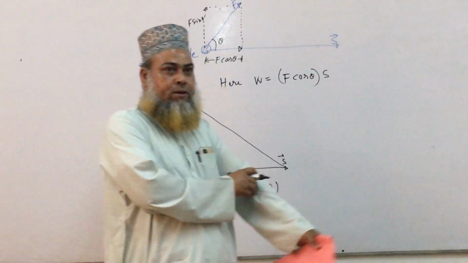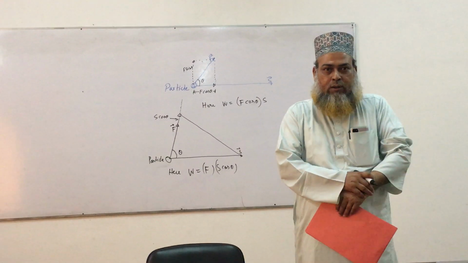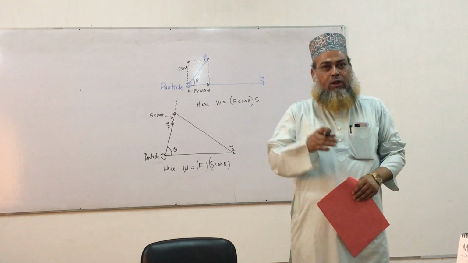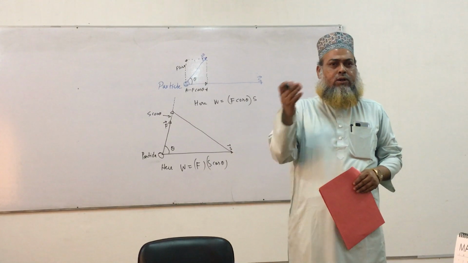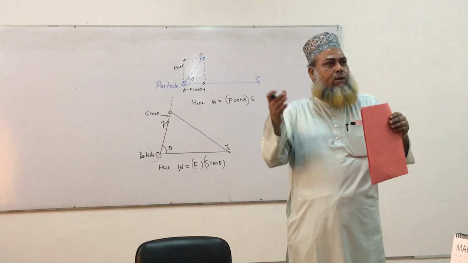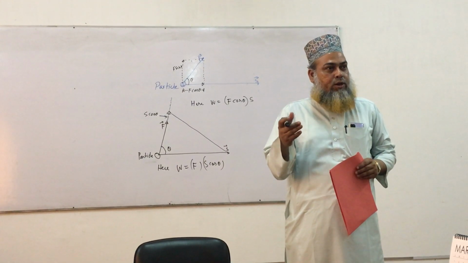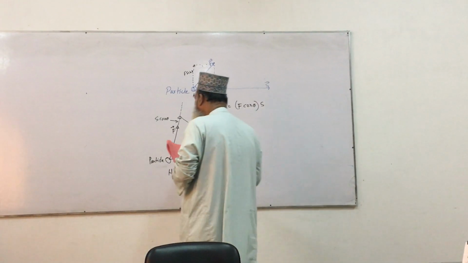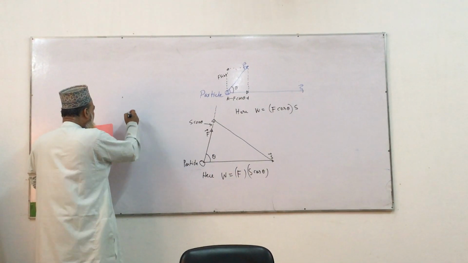Now the final point. This definition of work, that you take the component of force along the direction of displacement or take the component of displacement along the direction of force and multiply them, you get the work done. This can be written in vector notation by dot product. We shall not take much time to define this thing.